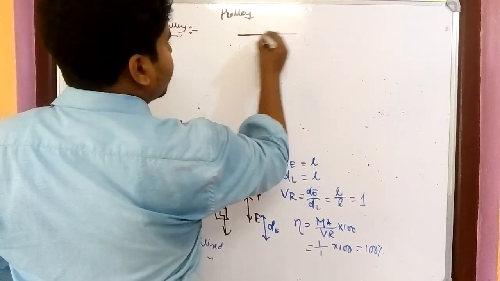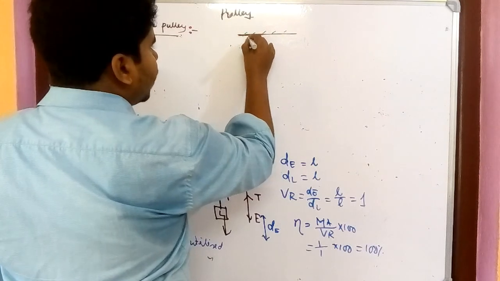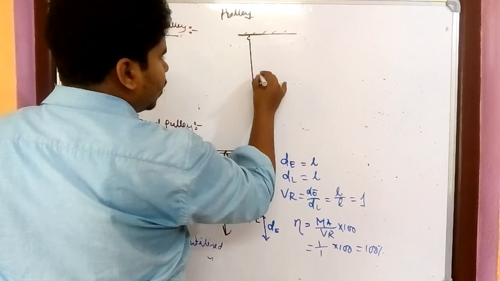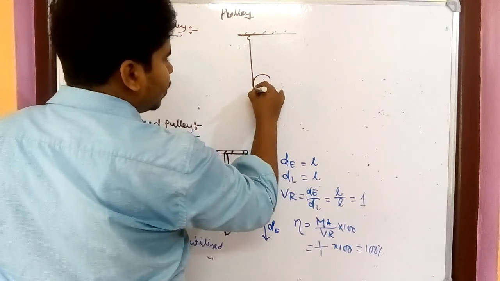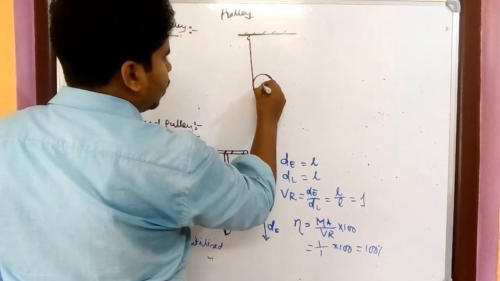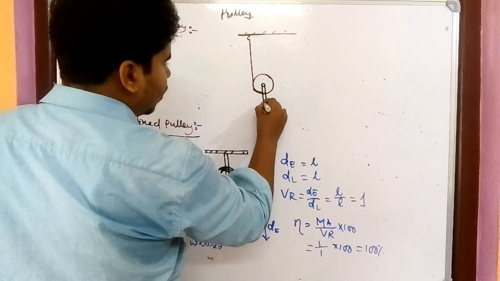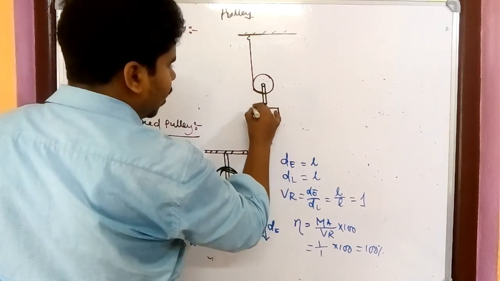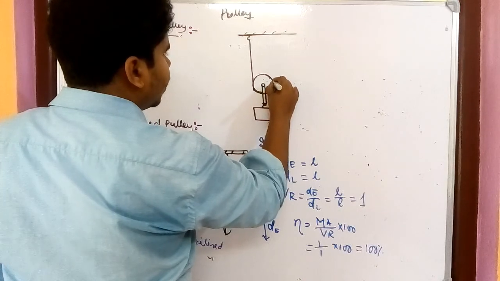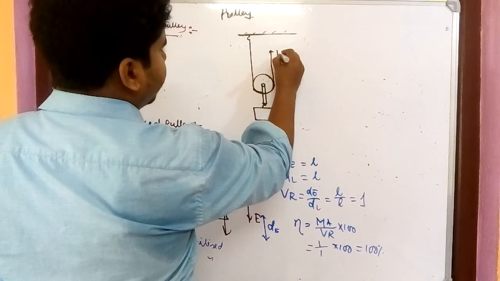So assume it's a fixed point. Here one hook is given and one string has come, and here the pulley is fixed. This is the axle, and from here the load is hanging, and from here the effort is given.